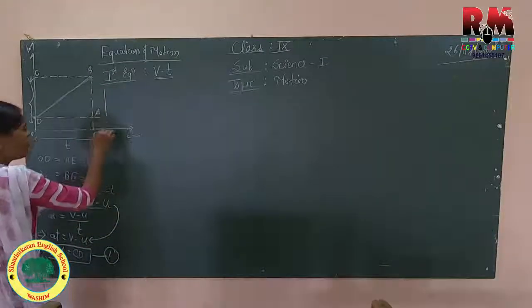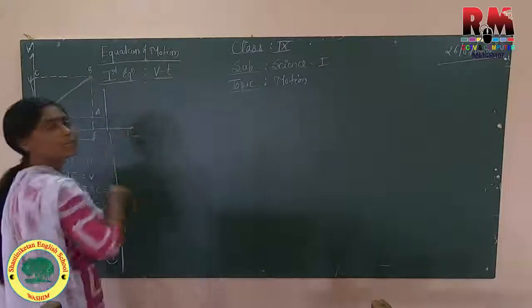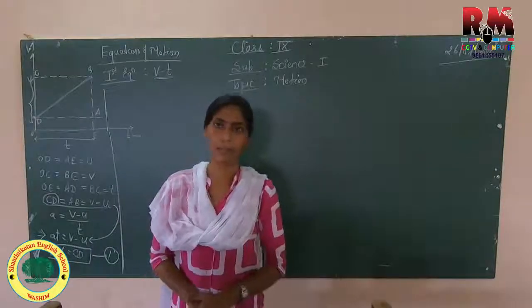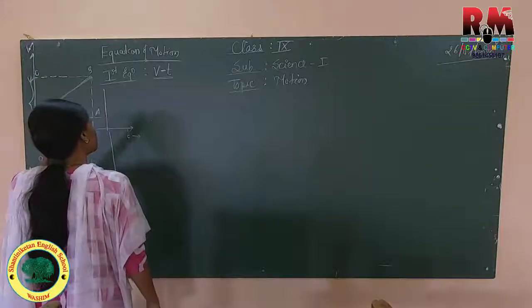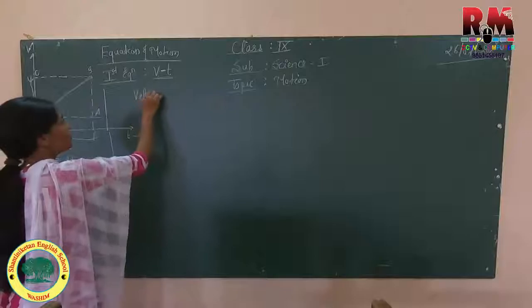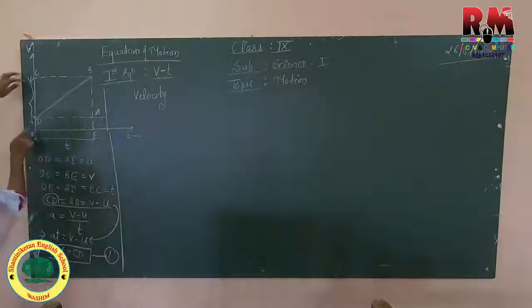Now, for finding the first kinematical equation. The first kinematical equation is a relation between velocity and time, so the velocity time graph. Which velocity will you consider, children?